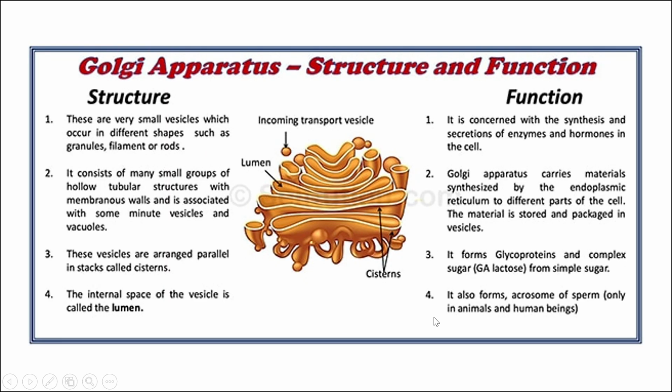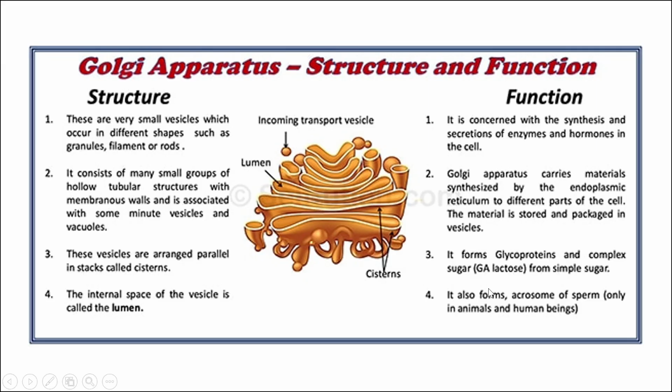These are very small vesicles which occur in different shapes such as granules, filaments or rods. It consists of many small groups of hollow tubular structures with a membranous wall and is associated with some minute vesicles and vacuoles. These vesicles are arranged parallel in stacks called cisternae. The internal space of a vesicle is called the lumen.